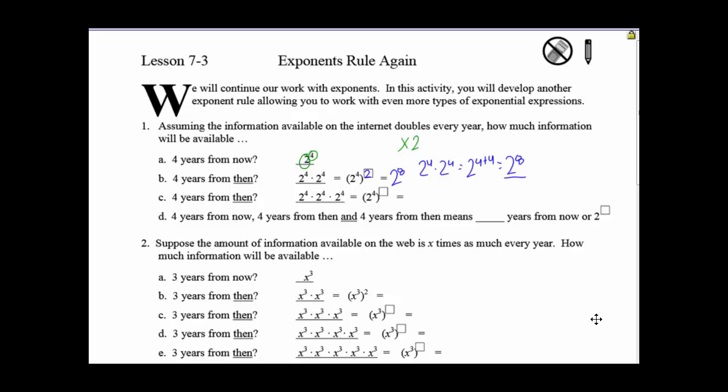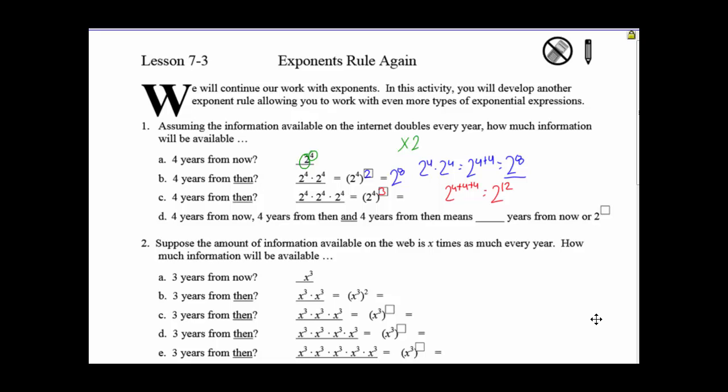If we move on to letter C, 4 years from then, we're going to add in another 2 to the 4th. So we're going to have 2 to the 4th times 2 to the 4th times 2 to the 4th again. Using the same rule we applied above, that would be 2 to the 4th cubed, because we're multiplying it by itself 3 times. Another way to write that would be 2 to the 4th plus 4 plus 4, which would equal 2 to the 12th.